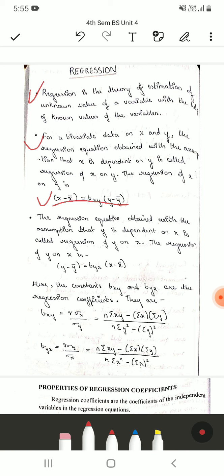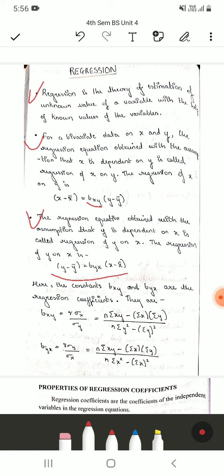Suppose we want to find the regression of x on y, then this is the equation to be used. So remember this. And suppose you want to find the regression of y on x, then the equation will be y minus y bar equal to byx into x minus x bar.